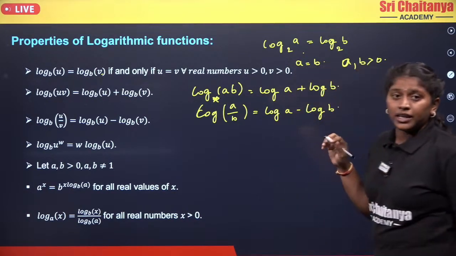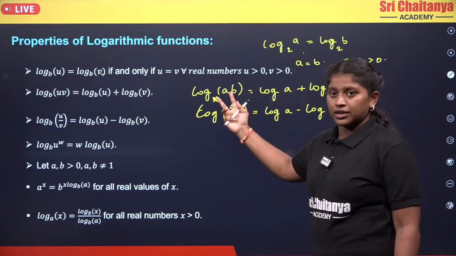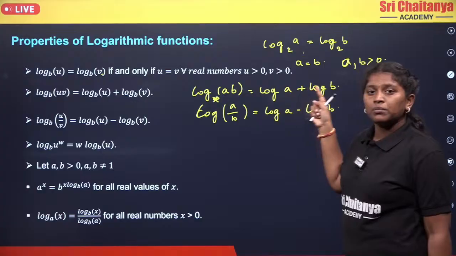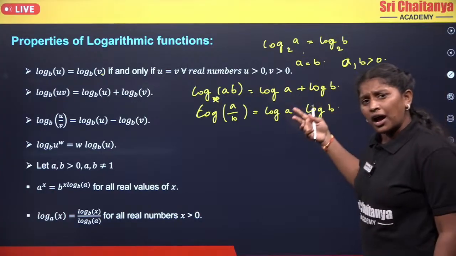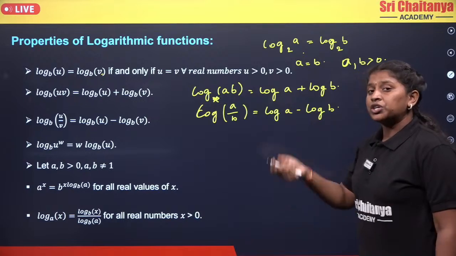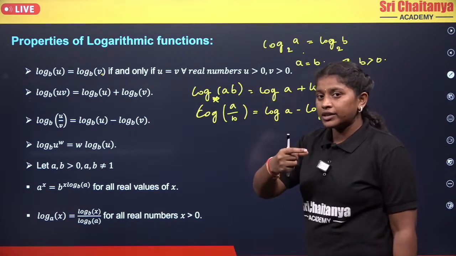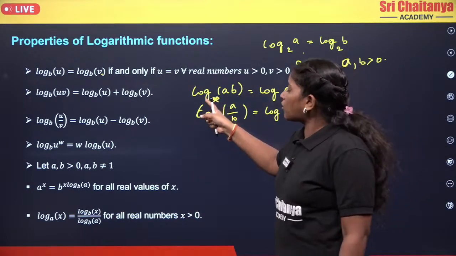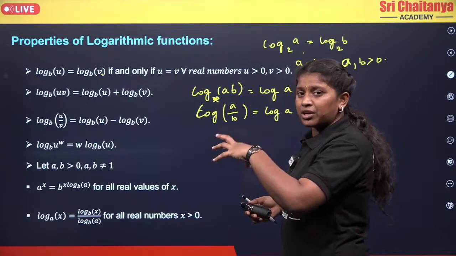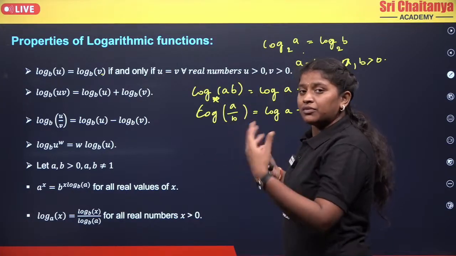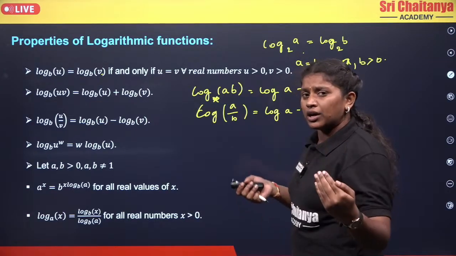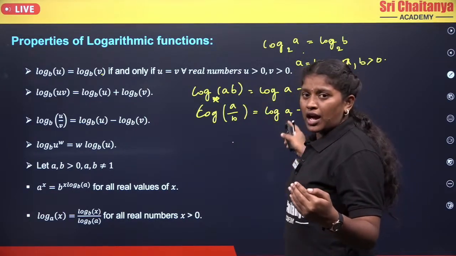So in a question, if you have log of a into b, you can write it as log a plus log b. Or if you have log a plus log b, upon simplification you can write it as log of ab. It is not mandatory that you start from the LHS. If some questions give the RHS, then you can get the LHS values from the RHS.